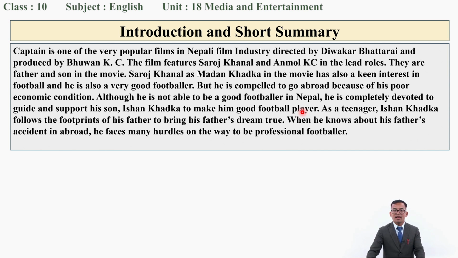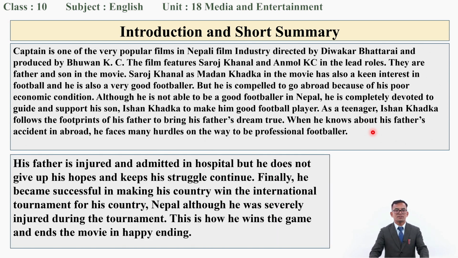As a teenager, Ishan Khatka follows the footprints of his father to make his father's dream true. When he learns about his father's accident abroad, he faces many hurdles on the way to becoming a professional footballer. His father goes abroad to earn money, but unfortunately, he gets injured, and he has to go through so many hardships.